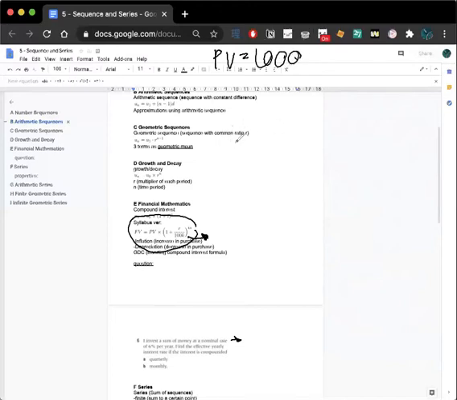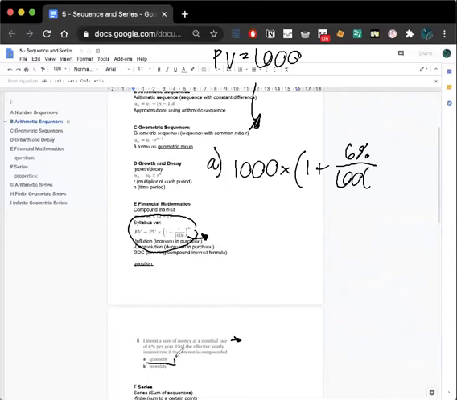Let's insert it in the formula: 1000 times 1 plus r, where r is 6% over 100 times k. The first question asks for quarterly, and that's where you insert the k.